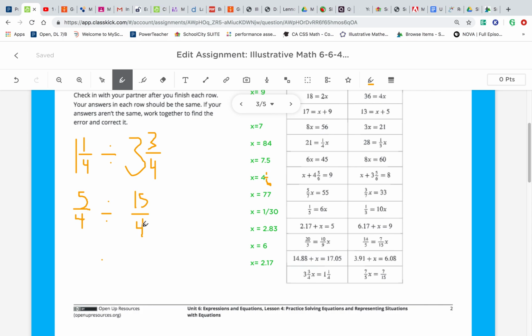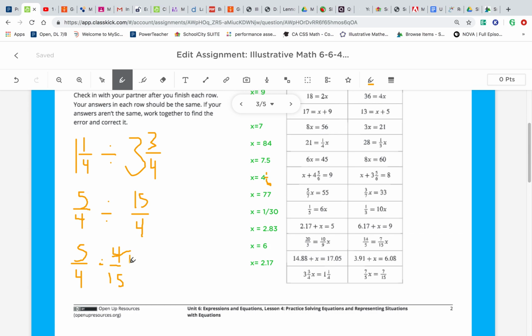And then remember the rule that when we're dividing by a fraction, it's easier to flip it to multiplication and flip the second fraction upside down, the reciprocal. So that's going to be 4 over 15. And again, we have a chance here to do some canceling, which will make things a lot easier. 4 over 4, that's easy.